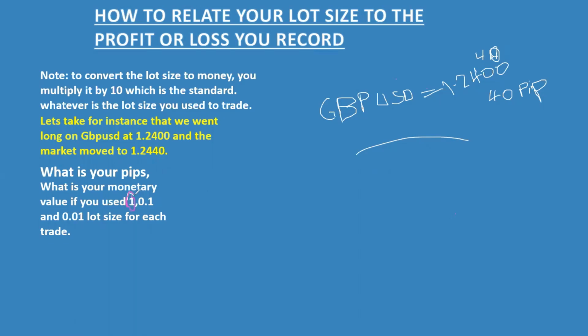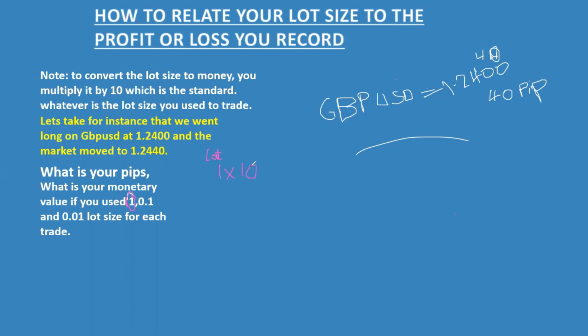For instance, as you used one, what it means is one, the lot size you use. This is the lot that you used. So 1 times 10, which is the standard, the benchmark, all right?